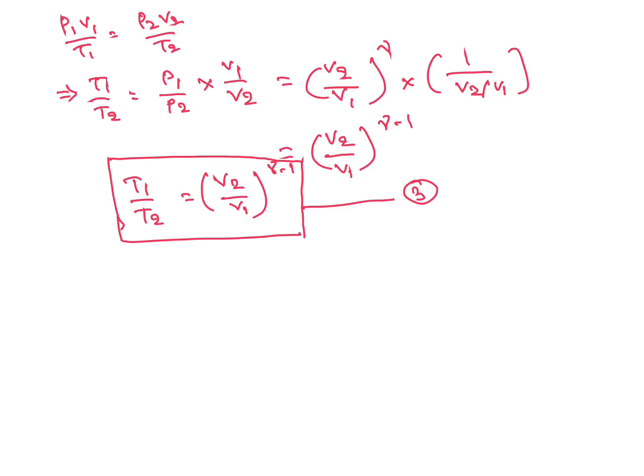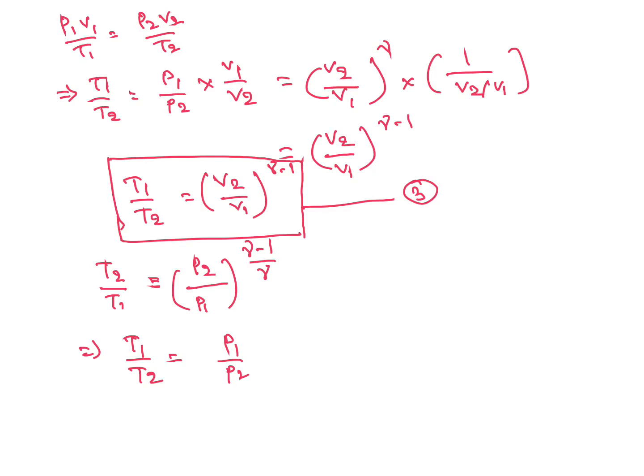Next, T2 by T1 equal to... this one I already discussed in my previous video... whole to the power gamma minus 1 by gamma. So here T1 by T2 equal to P1 by P2 whole to the power gamma minus 1 by gamma.